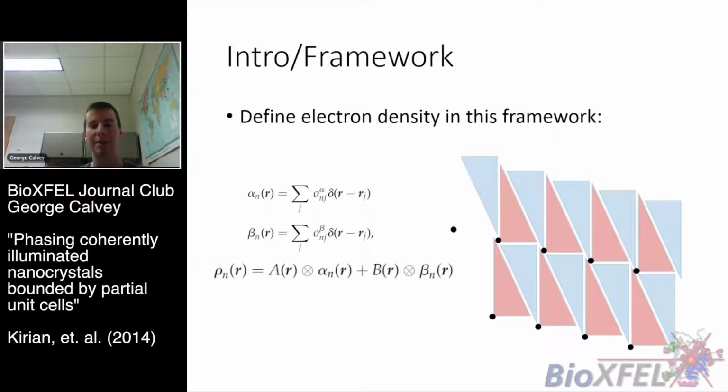If you wanted to define the electron density for the entire crystal, all you need to do is take the convolution of the asymmetric unit and its sublattice. This essentially inserts the asymmetric unit at each lattice point that should have an asymmetric unit, and likewise for the symmetry pair.